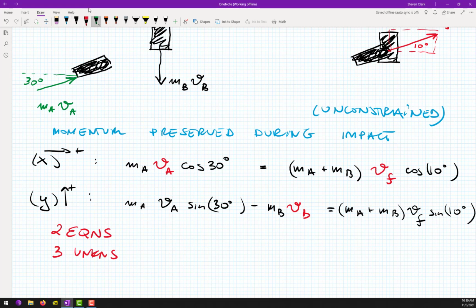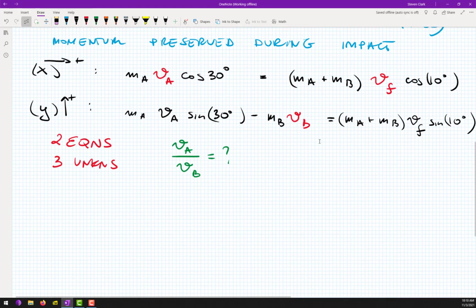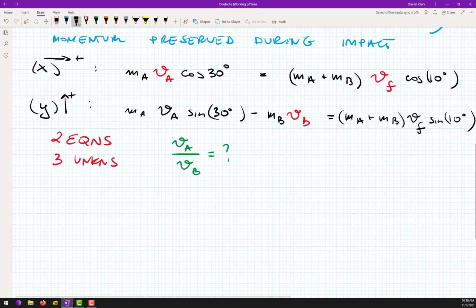They ask us to find this: VA divided by VB. Okay, this is what they ask us for. So let's just dive straight into solving that problem, and I bet we can solve it. What I want to do is divide equation number y by equation number x.